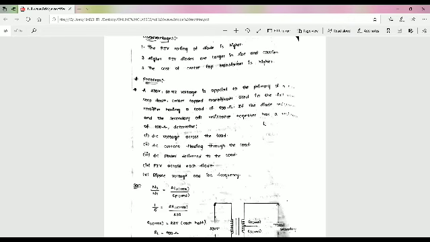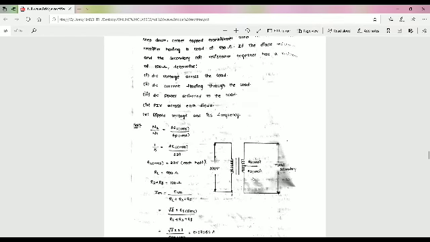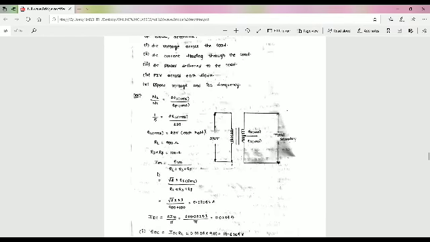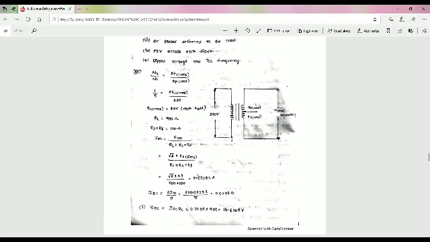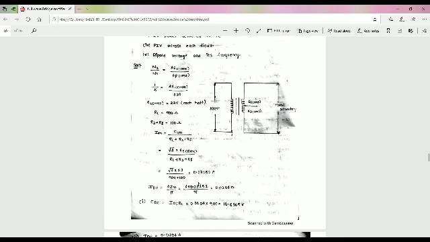Next, problems. We can calculate the DC voltage across the load, DC current flowing through the load, DC power delivered to the load, PIV across each diode, ripple factor and efficiency. These are all already known. Im equals ESM by RF plus RS plus RL. We can calculate Im and then IDC.